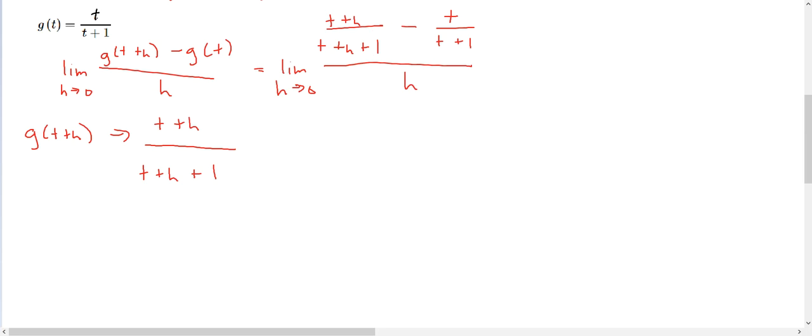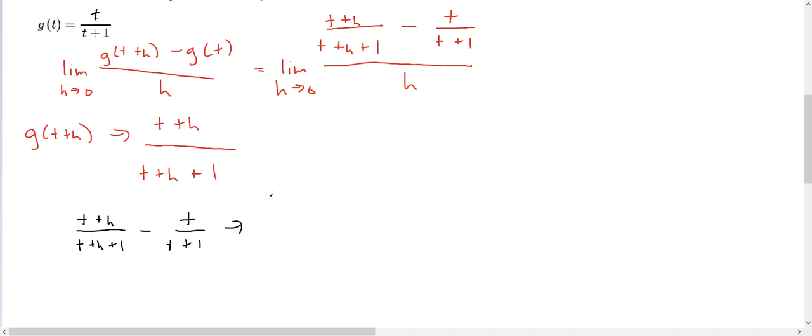So off to the side here, I'm going to combine these two fractions. So we'll have t plus h over t plus h plus 1 minus t over t plus 1. Now to get our common denominator, we're going to have to multiply this fraction by the denominator over here and this fraction by the denominator over here. So let's go ahead and do that. We're going to multiply this fraction by t plus 1.